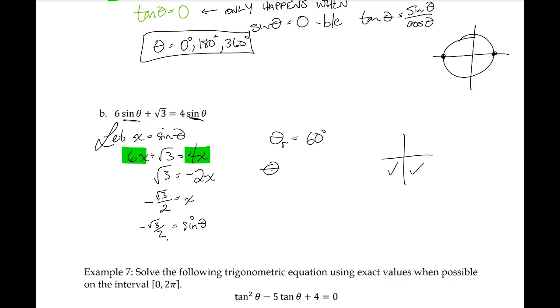And so I'm going to work in quadrant 3. It would be 180 plus 60, which is 240. And then in quadrant 4, it would be 360 minus 60, or 300 degrees.